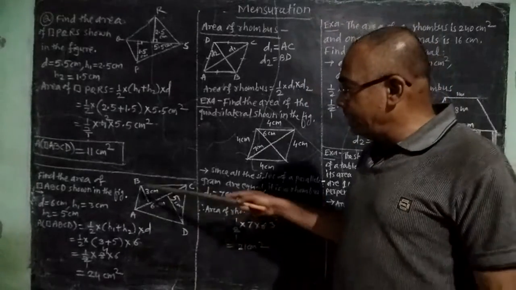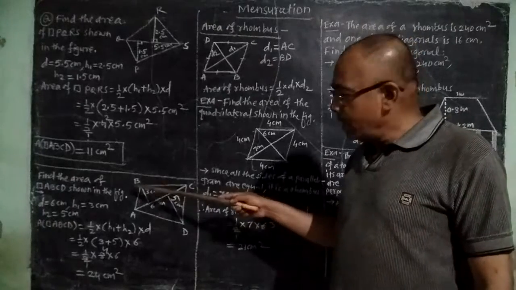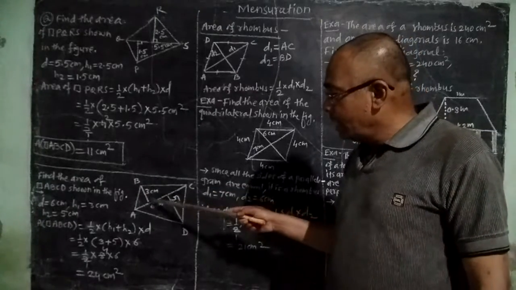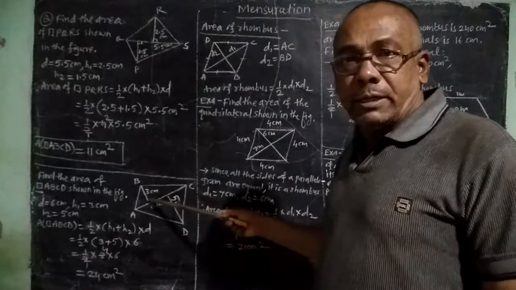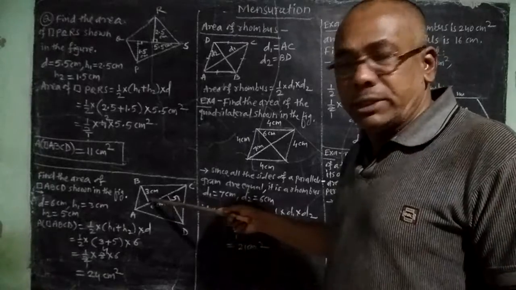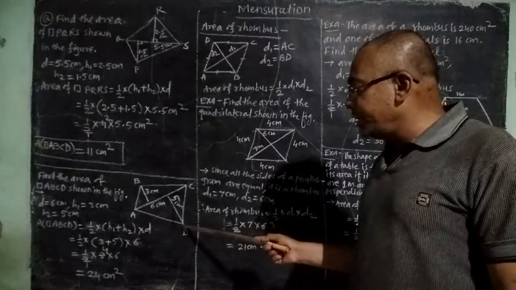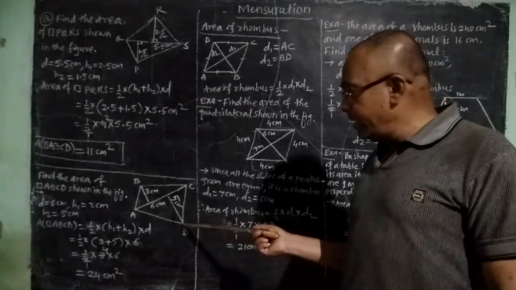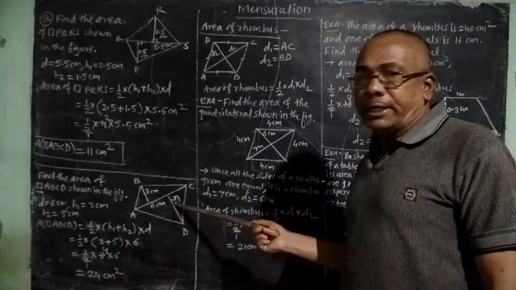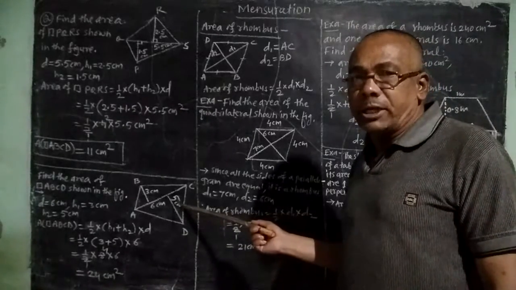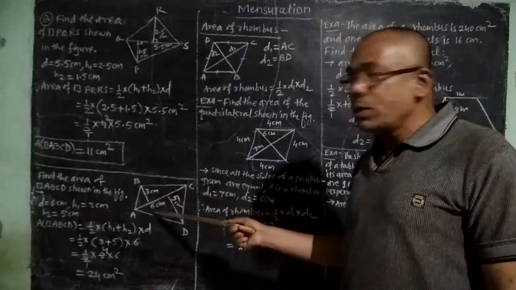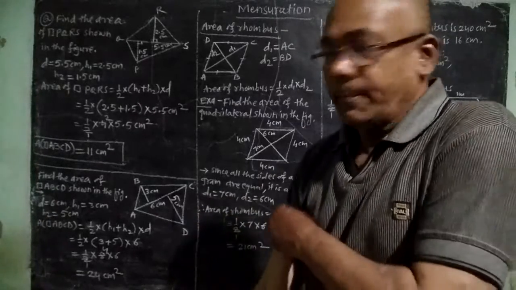Now from vertex B, we have drawn a perpendicular having length 3 centimeter, that is h1 is equal to 3 centimeter. Then from the vertex D, we have drawn a perpendicular of length 5 centimeter, that is h2 is equal to 5 centimeter, and the length of the diagonal is given 6 centimeter.